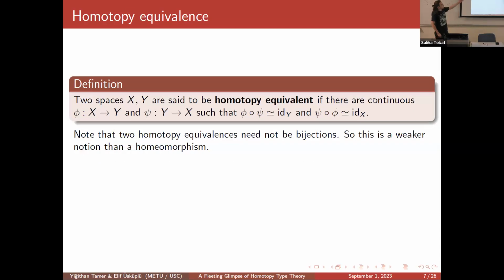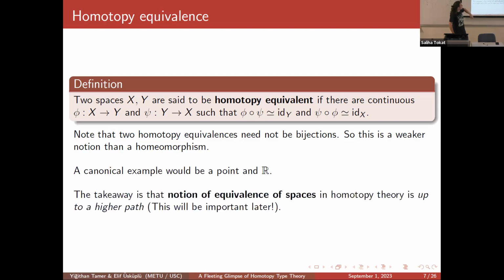And so we have the notion of homotopy equivalence of two spaces. So the idea is, if you have two topological spaces X and Y, and you have one map going this way, one going this way, and when you compose, you don't necessarily get the identity, but you want to get something homotopic to the identity. So in a sense, it's up to a higher path, right?